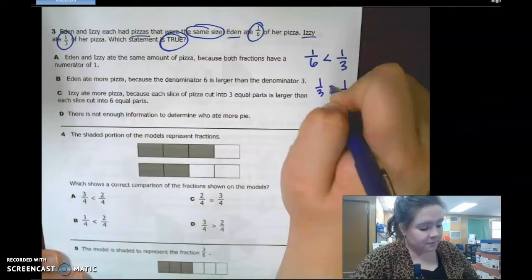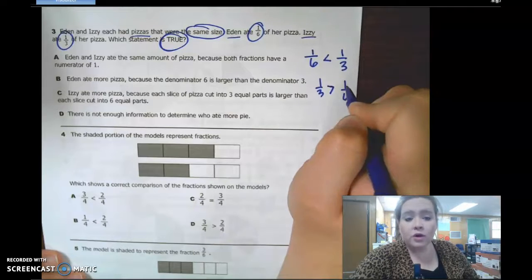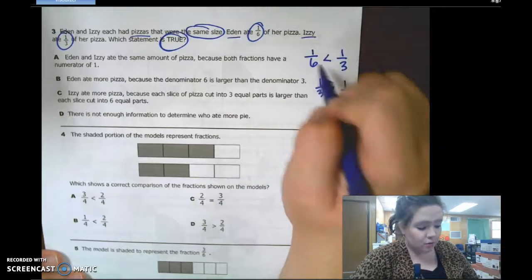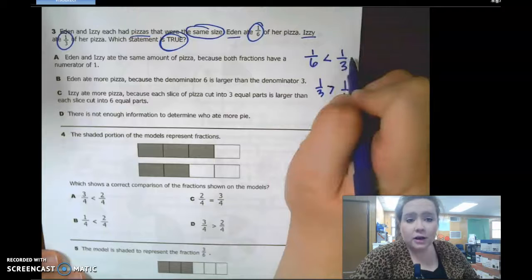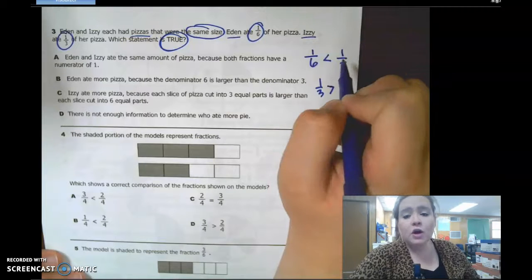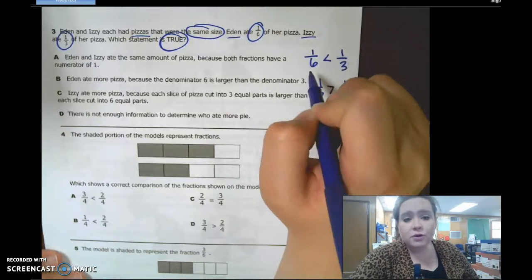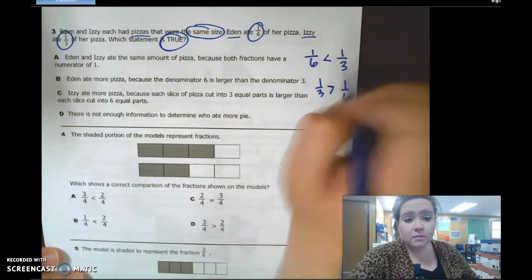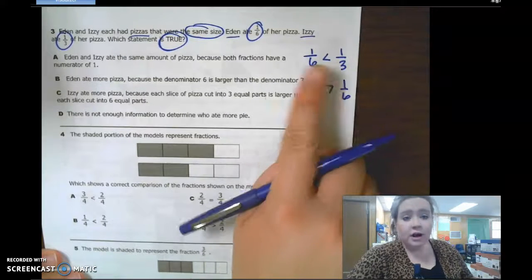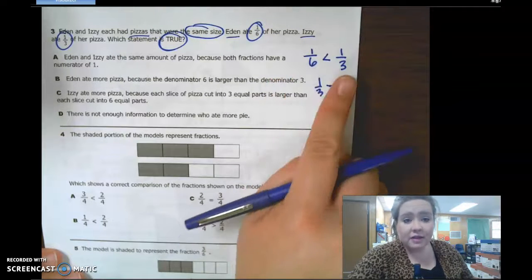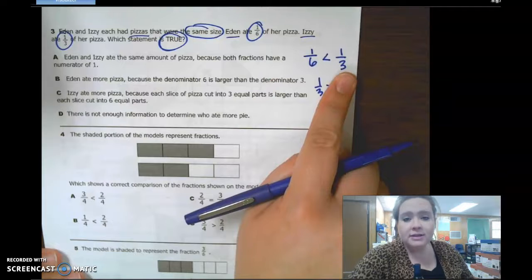All right? Let me say that again. When you're comparing fractions and your numerators are the same, just like they are here, you're going to use your denominator to compare your fractions. So 1/6 and 1/3. I'm going to use 6 and 3 to compare my fractions.